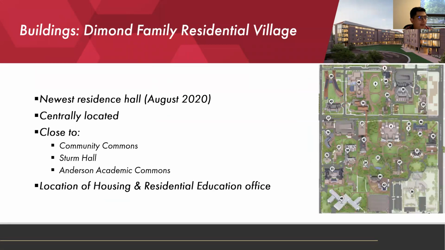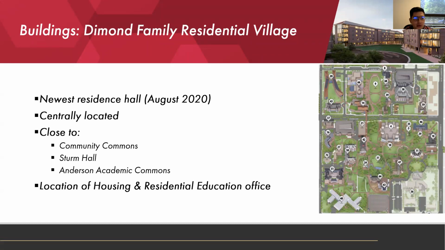So now speaking about DeMond, the Family Residential Village, which is our newest residence hall, which opened up back in fall of 2020. This building is very centrally located on campus. It is right adjacent to Sturm Hall as well as the community commons. It's a very short walk across Evans or the bridge to our Anderson Academic Commons, which is the central main library here on campus.